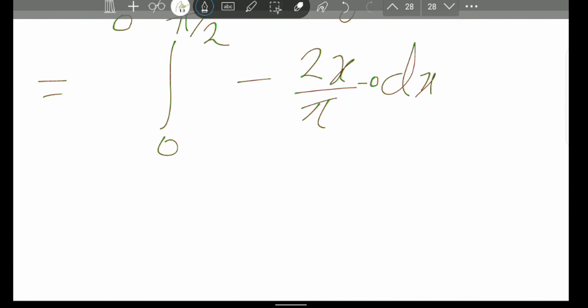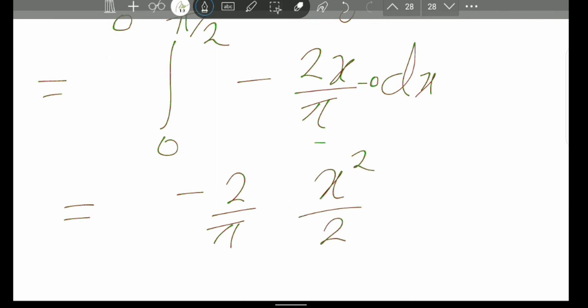So this is equal to minus 2 by pi, that's a constant number we can take out, times the integral of x, which is x squared by 2, with x changing from 0 to pi by 2.